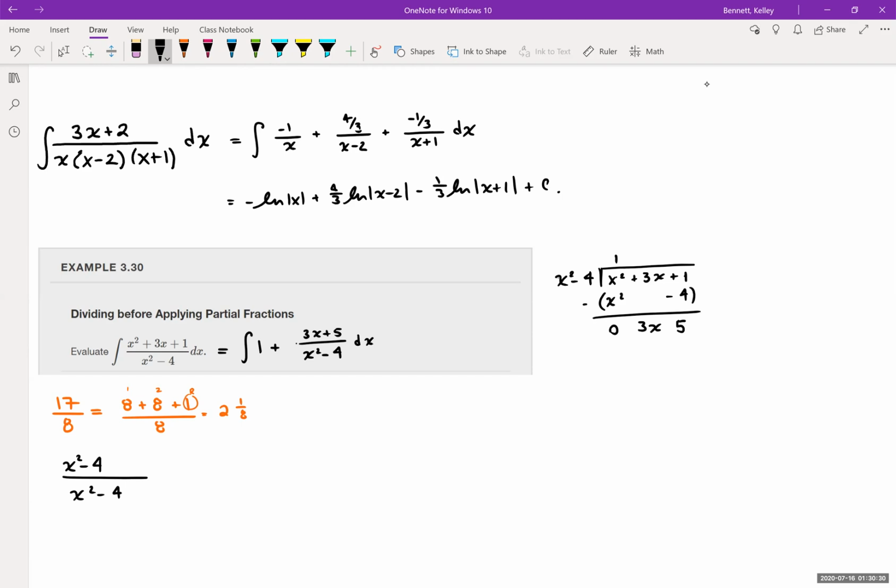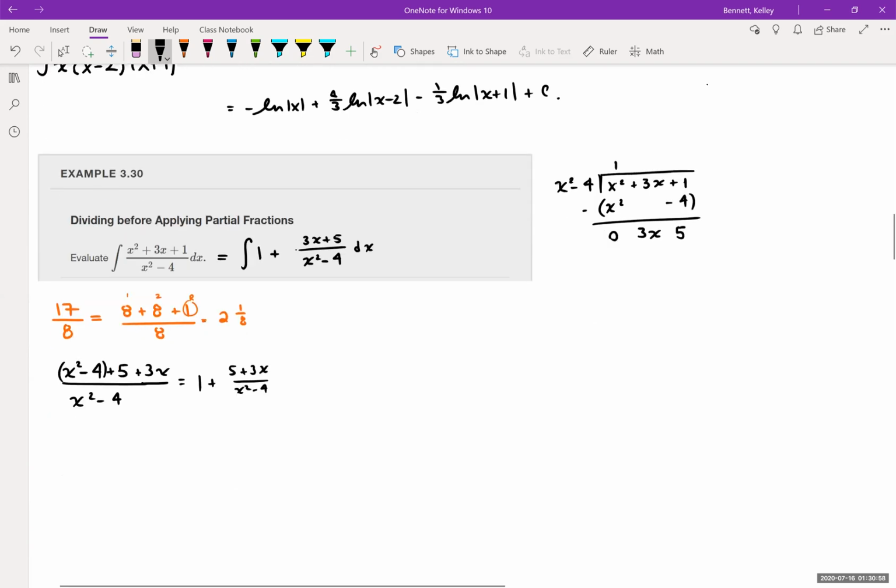So if I'm at -4, I know I have to add 5 to bring me to 1. And then I don't have any x's, so I know I've got to bring a 3x into the fold. And so I'm like, oh, cool. 1 plus 5 plus 3x over x squared minus 4. So that is another way to think about polynomial division, life, polynomials, fractions.